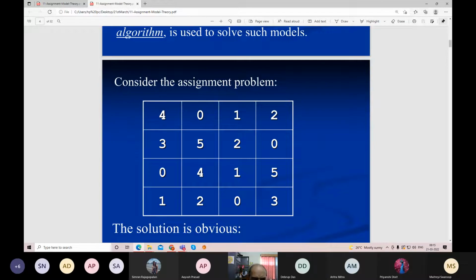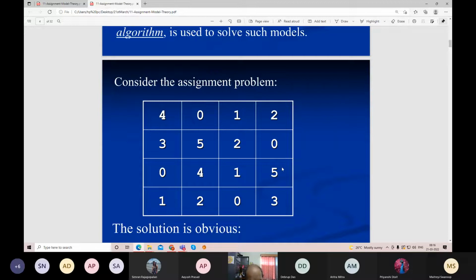The 4 rows are: row 1 for worker 1, row 2 for worker 2, row 3 for worker 3, and row 4 for worker 4. Similarly, there are 4 columns, column 1, column 2, column 3, column 4. These are the jobs.